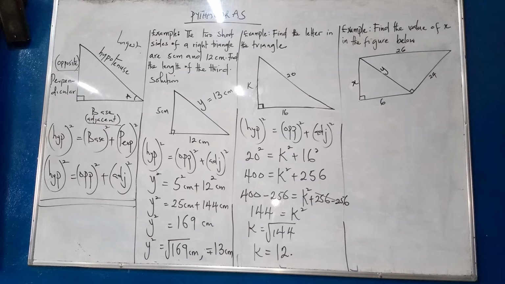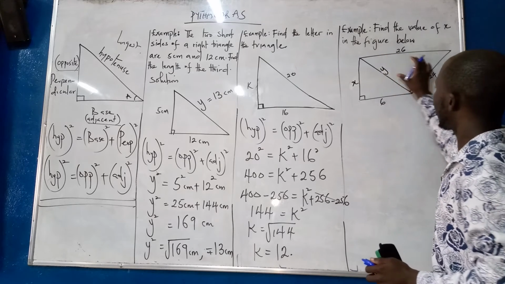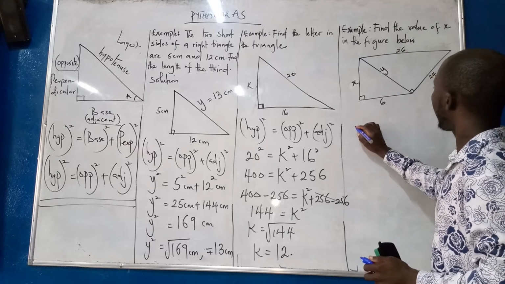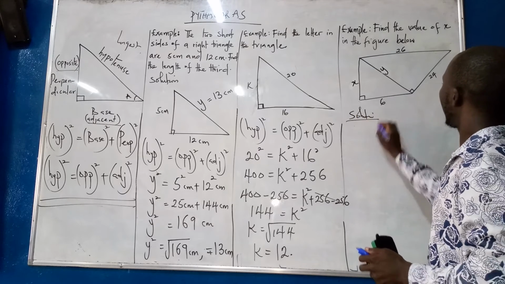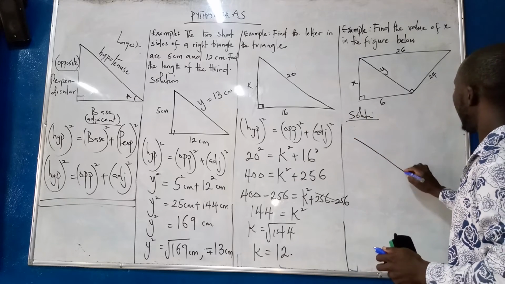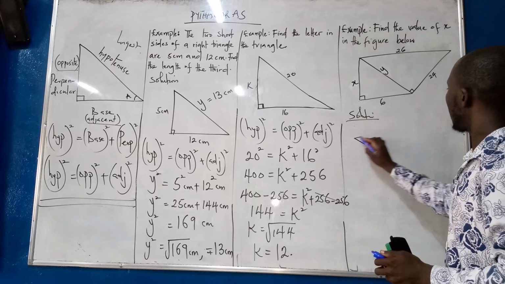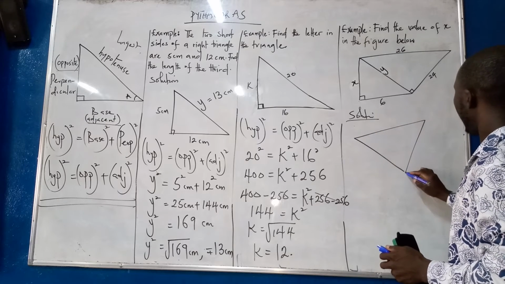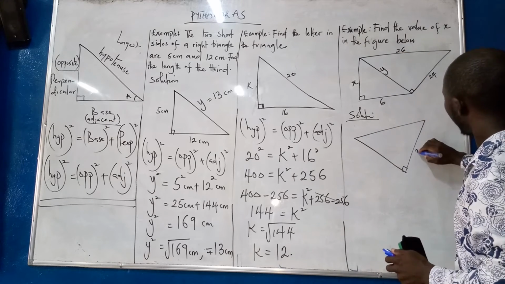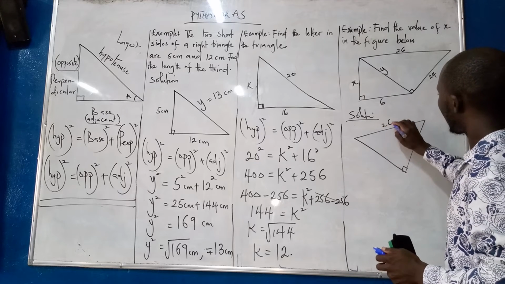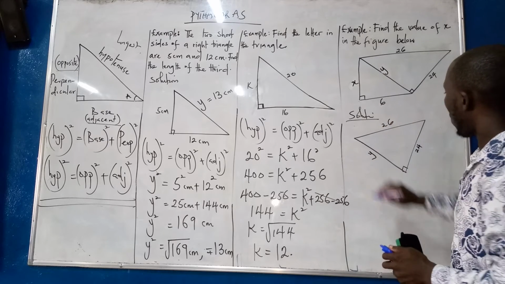And how do we do that? First of all, we have to consider this triangle: 24, 26, and this is our y.